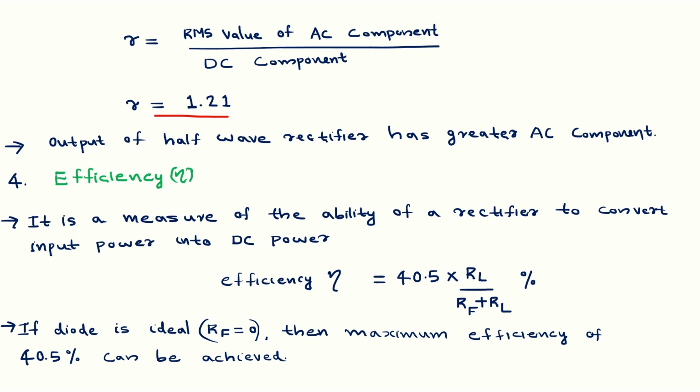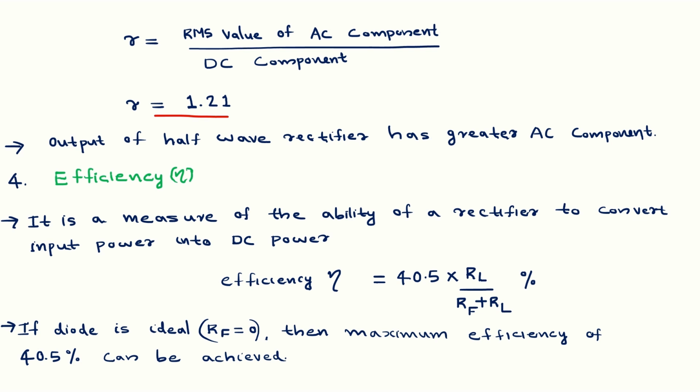The output of the half-wave rectifier has a greater AC component because the ripple factor is more than 1. It has a value of 1.21. It is greater than 1, so that means it is a high value. That indicates that the output of the half-wave rectifier has a greater AC component.